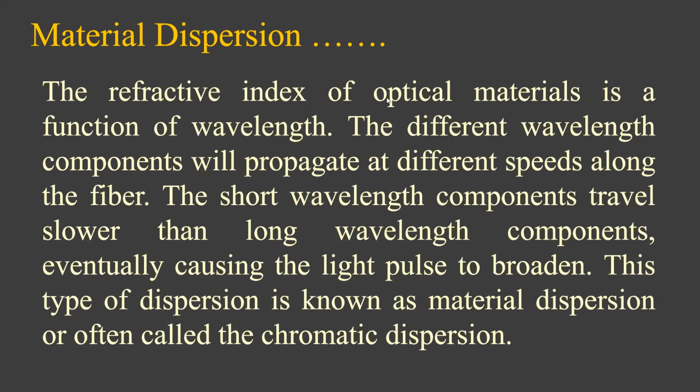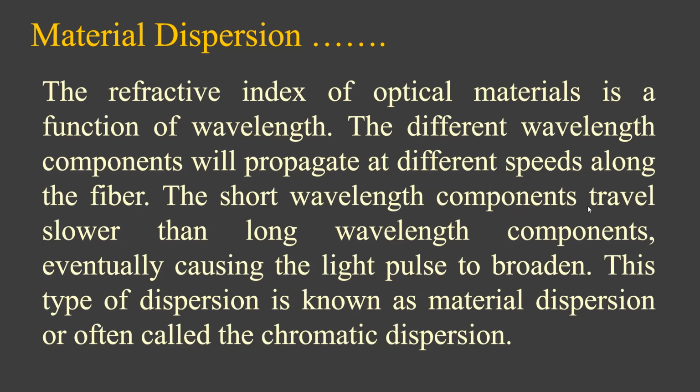The refractive index of optical materials is a function of wavelength, as I told earlier. The different wavelength components of the laser source will propagate at different speeds along the fiber, because the refractive index is changing.